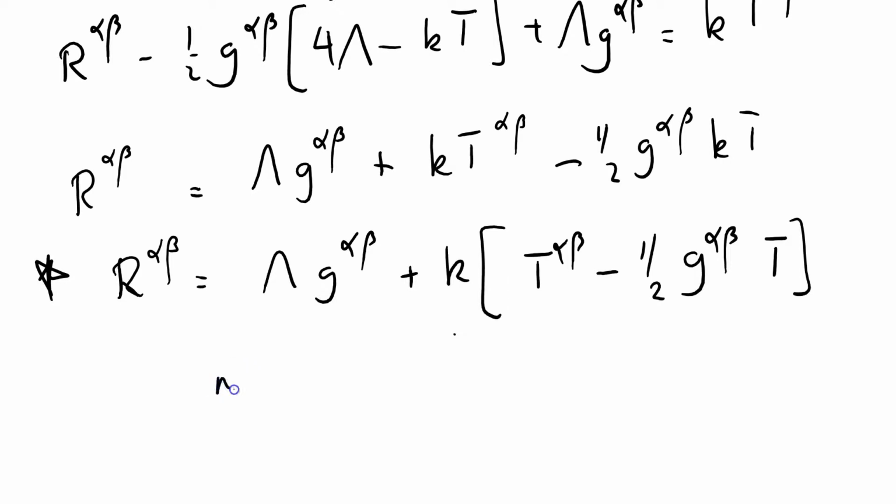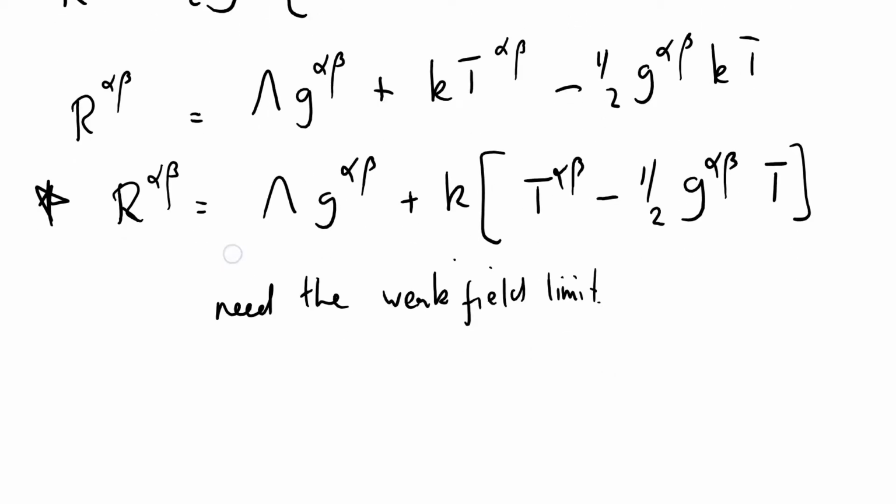So what we need is the weak field limit, which I've spent quite a long time fooling around with. I'm going to remind you that the 0,0 component of the metric tensor was minus 1 minus 2 phi over c squared.